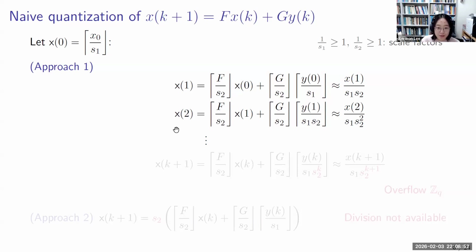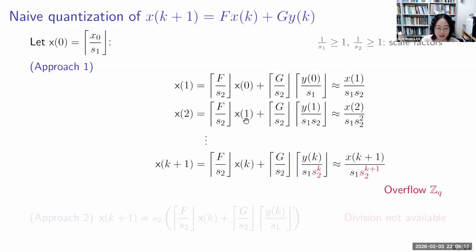And at the next time step, we again multiply this quantized state matrix F, and then the scale will grow like this. So now you'll notice the problem, because as time goes by, the scale of the quantized state will exponentially grow and eventually overflow the space of plain data ZQ.